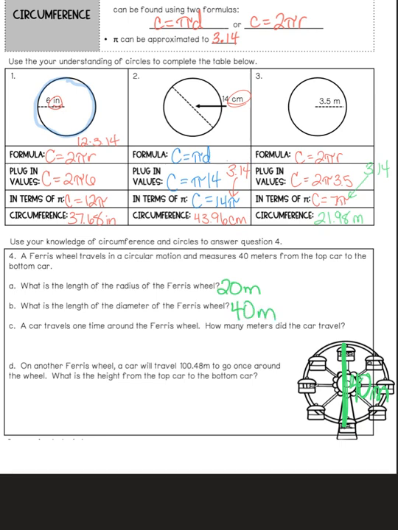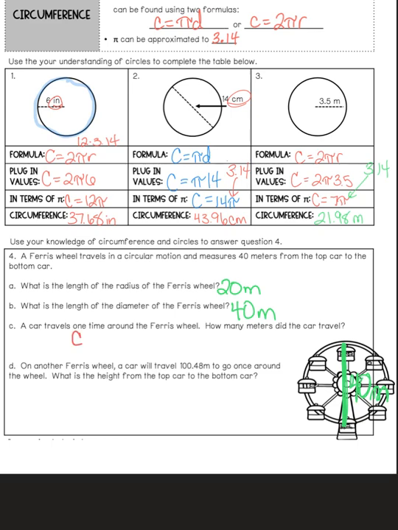Then it says a car travels one time around the Ferris wheel. How many meters did the car travel? Let's think about what's going on there. If the car is traveling one time around, it starts up here and goes all the way around. That's the circumference of the circle. So I'm looking for the circumference to know how far it went.